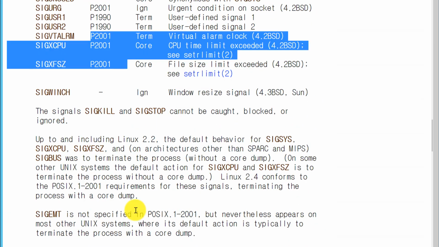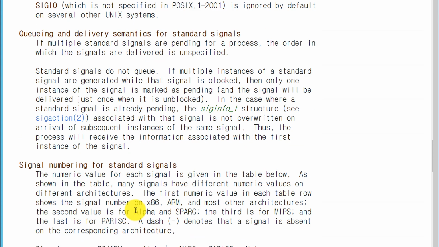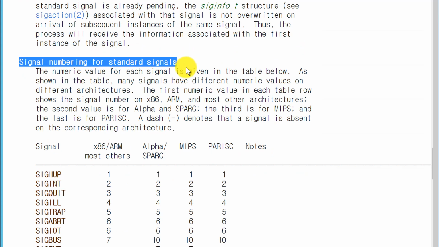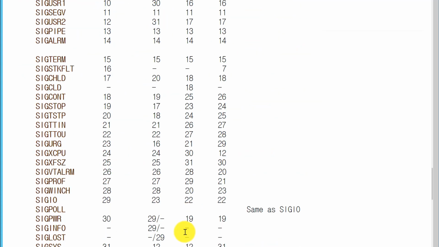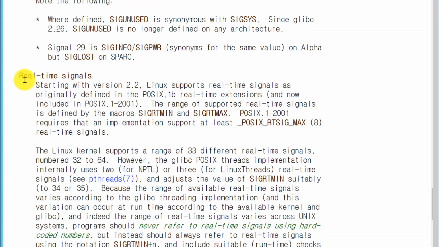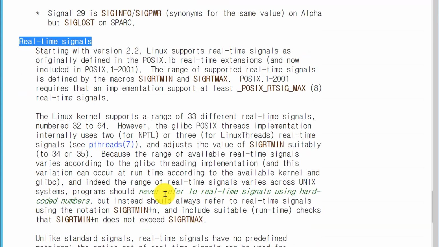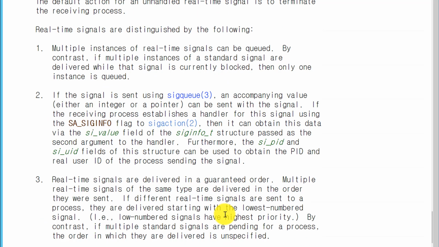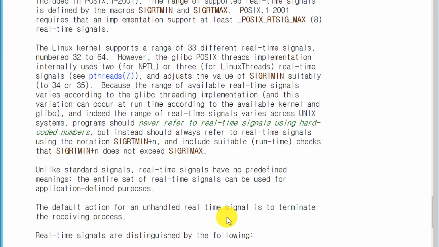You can see the signal numbering for standard signals and real-time signals, interruption of system calls and library functions by signal handlers, interruption of system calls and library functions by stop signals.